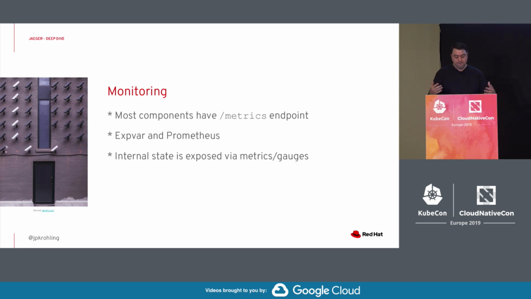Whatever you want to measure from Jaeger, you can probably measure using the metrics that we have already. You can measure how many spans we received, how many traces we received, and we have that information also per service, so you can monitor individual traces for individual services.